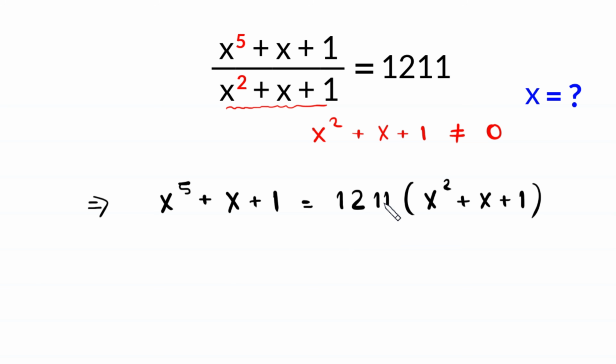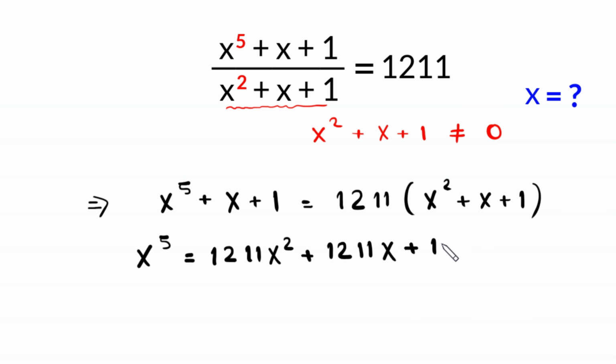Distribute this 1211 and move this x + 1 to the right hand side, then this will become x^5 = 1211 x^2 + 1211 x + 1211.